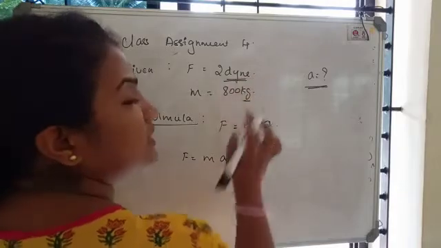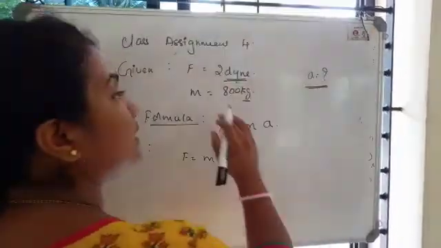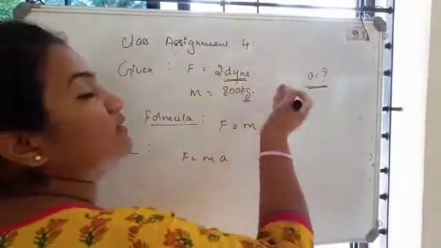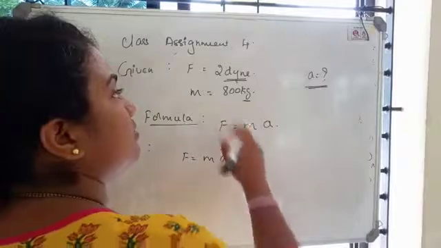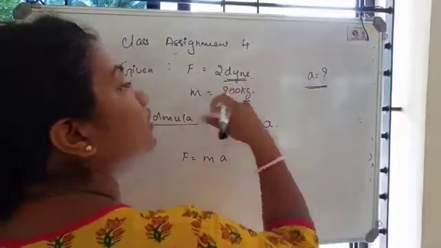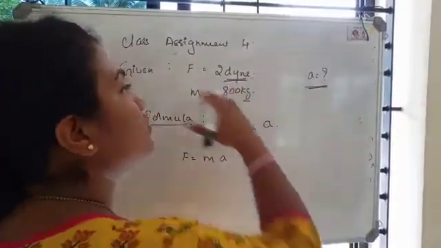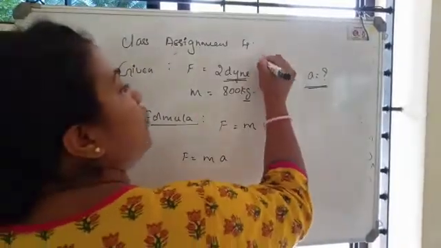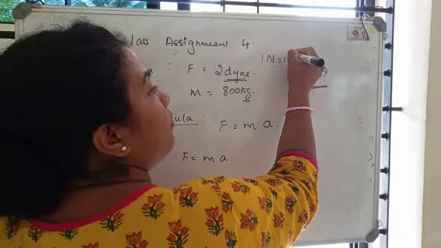These are two different systems of units. You have to first bring them into the same system of units. 2 dyne is in the CGS system, the smaller system. To convert dyne to Newton, the bigger unit of force, 1 Newton is equal to 10 to the power of 5 dyne.